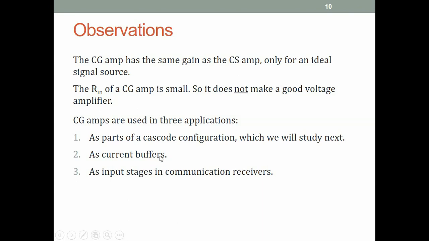The second is as current buffers, because if the input source is a current, then you want the input resistance of the amplifier to be small. Because a common gate has a small input resistance, it makes a good current input amplifier, so often these circuits are used as current buffers. Third, they are often used as input stages in communication receivers, especially RF communication receivers, where frequencies are high.